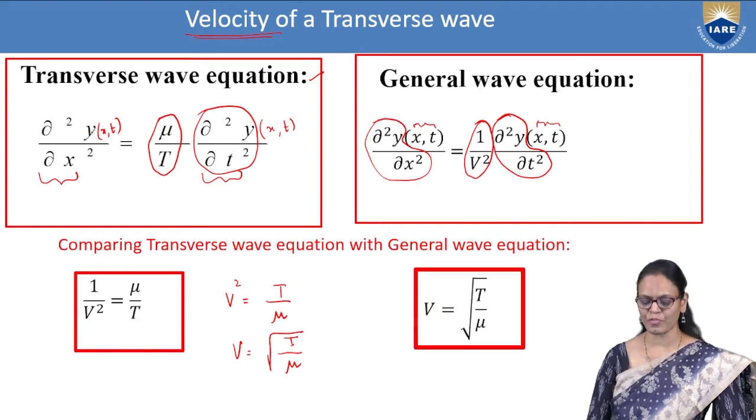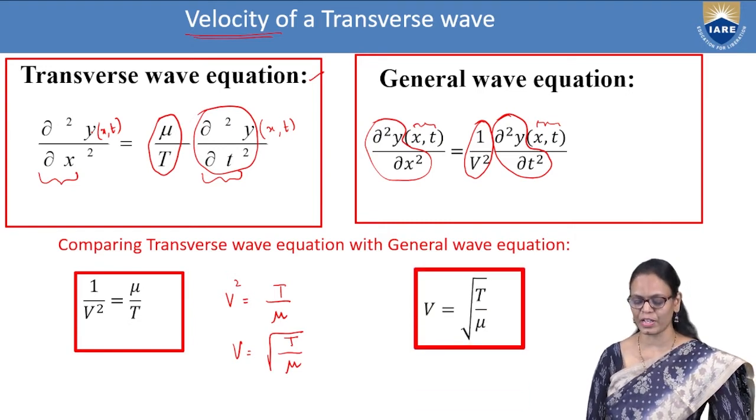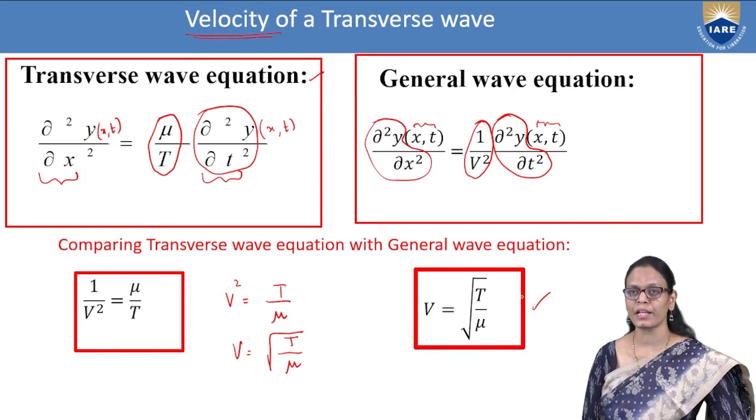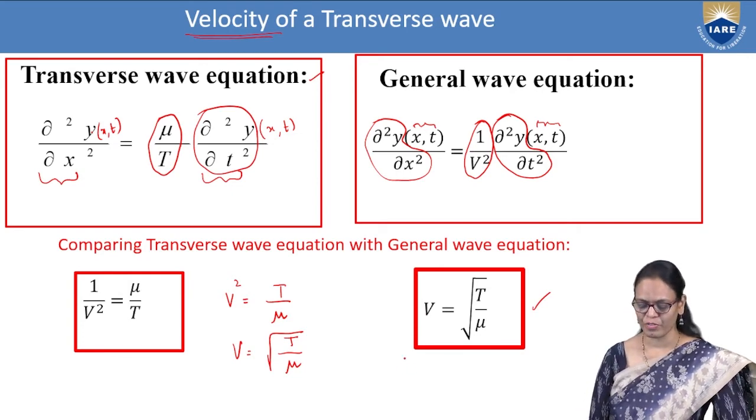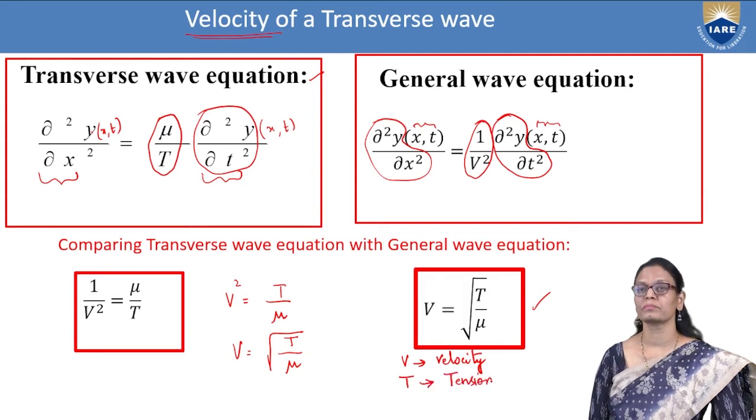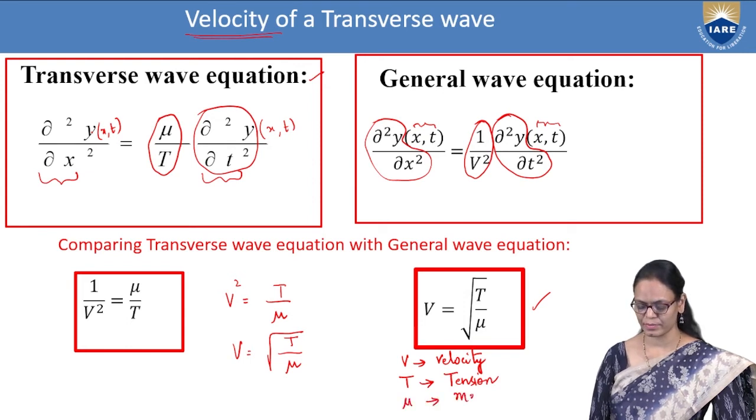So the expression for velocity is v equals root T by μ. Here v represents the velocity, T is the tension, and μ is mass per unit length.